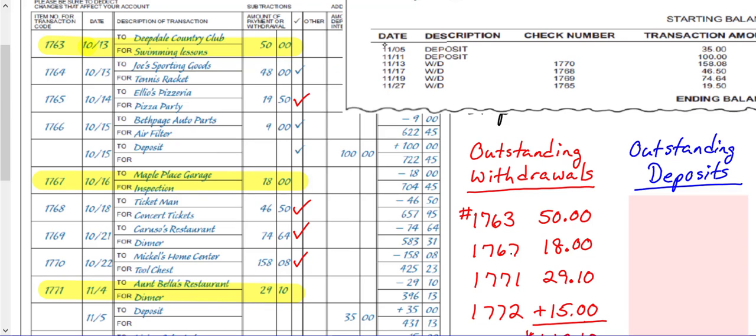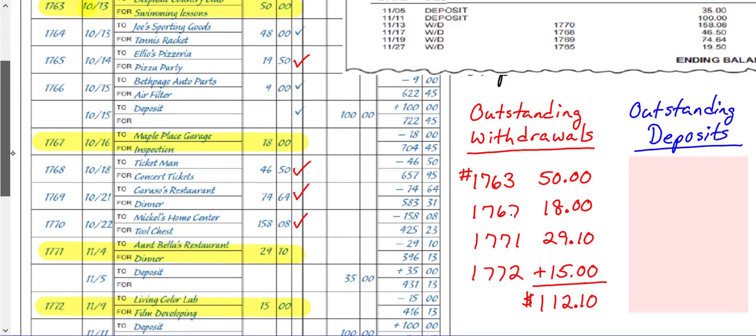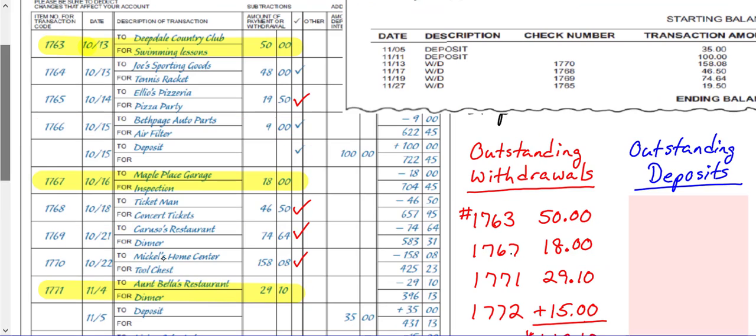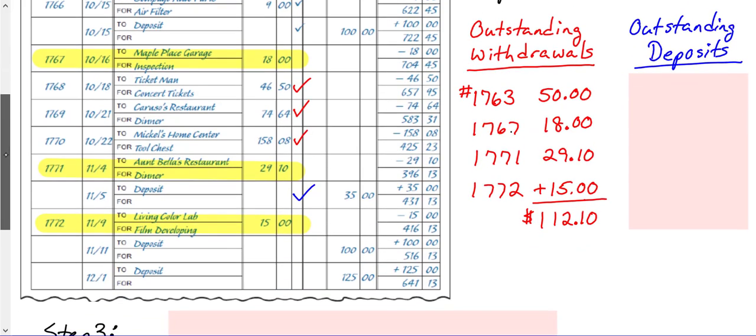Okay, so we have a deposit on 11/05 for $35, and that is listed right here. We also have a deposit on 11/11 for $100, and that is listed right here.